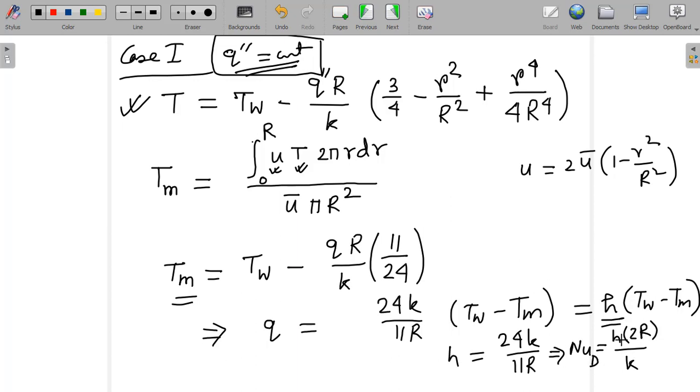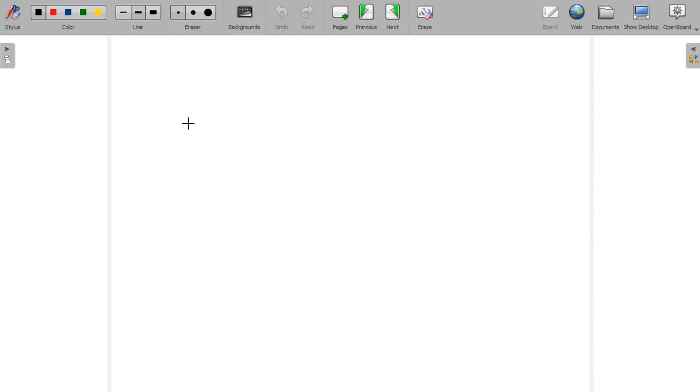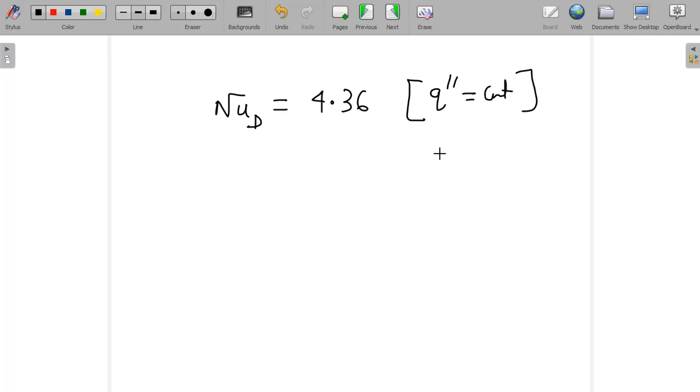If you put it, you will get 48 divided by 11, which is 4.36. This is true when heat flux is constant in a fully developed region.